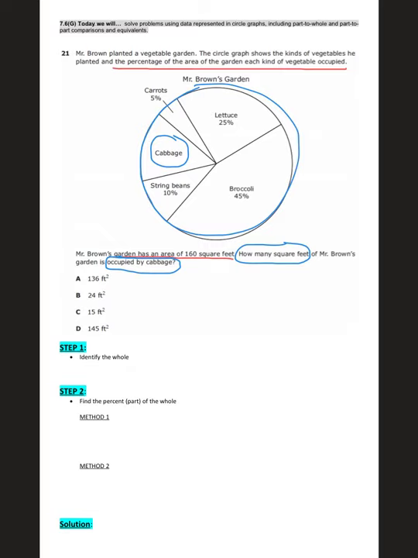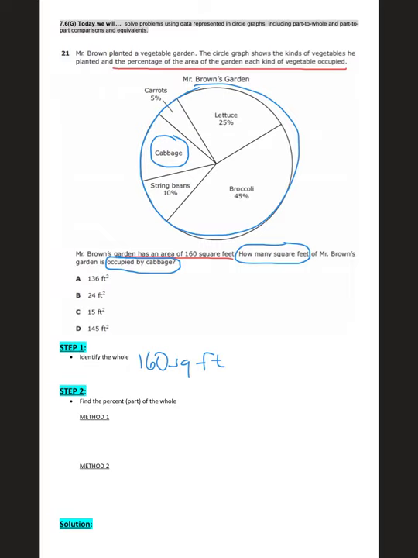Now, the first step is we have to identify the whole. It tells us that the garden has an area of 160 square feet. So we're going to say 160 square feet is the whole, right? Then the next part is we're going to have to find the percent. Percents represent a part of a whole.